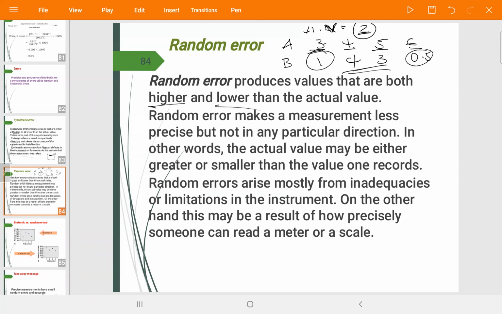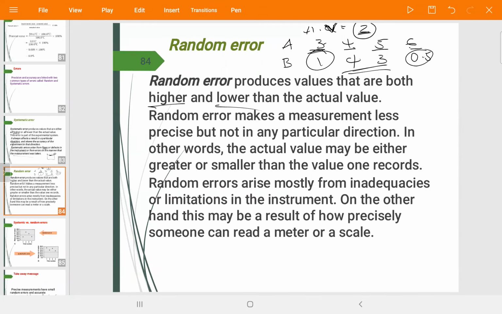So in such a case, the error that is incurred is random error. This is how you can differentiate whether the error encountered is systematic or random. In random error, the values are on both sides of the actual or accepted value.